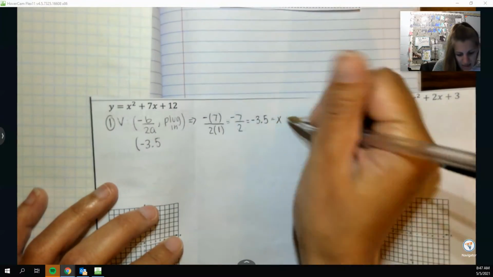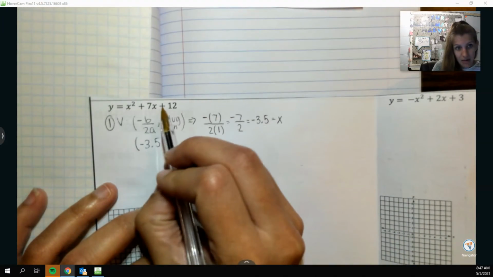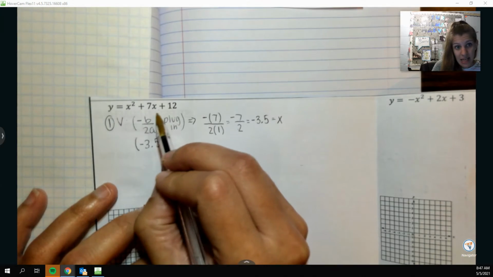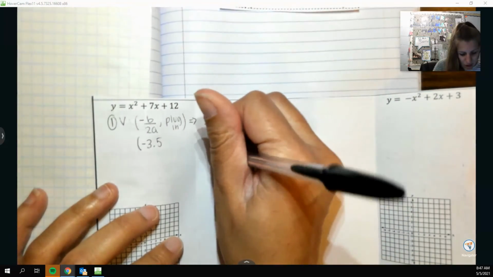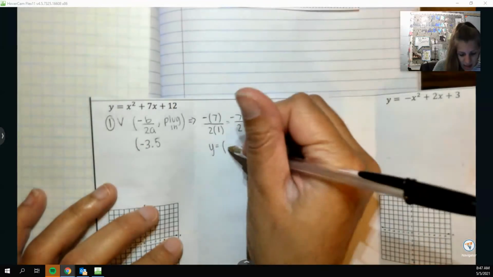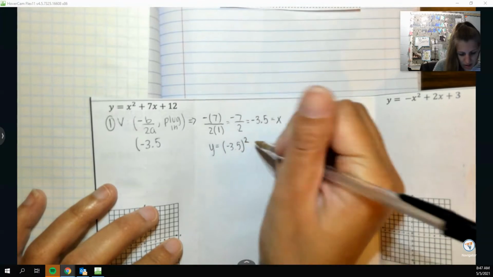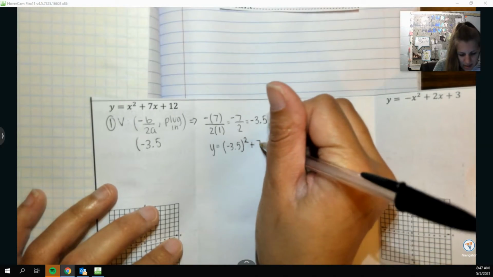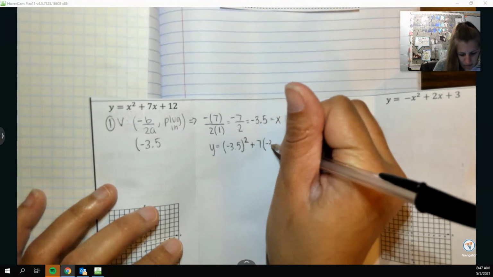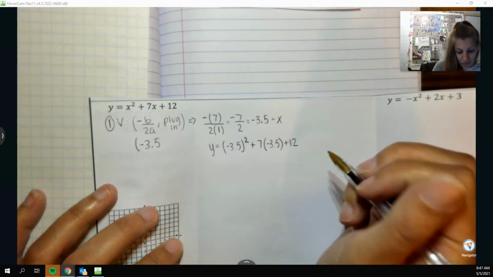Now to go find the y value, I have to take this x value and put it in for both of these x's in my equation. So we will do, in place of this x, -3.5 squared, then plus 7 times -3.5, and then plus 12.